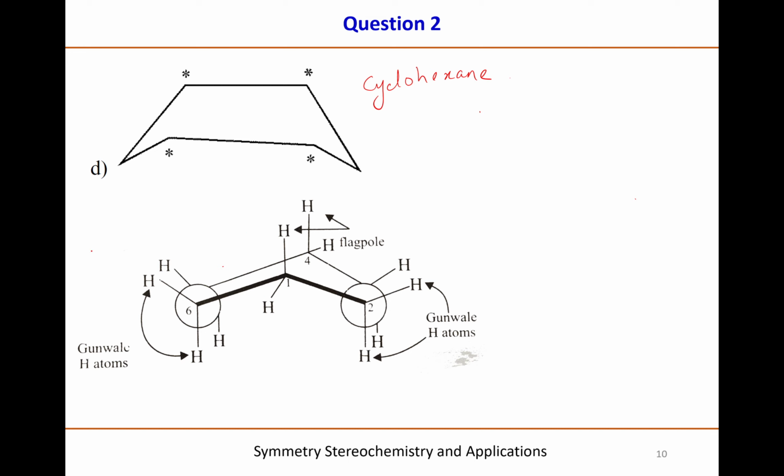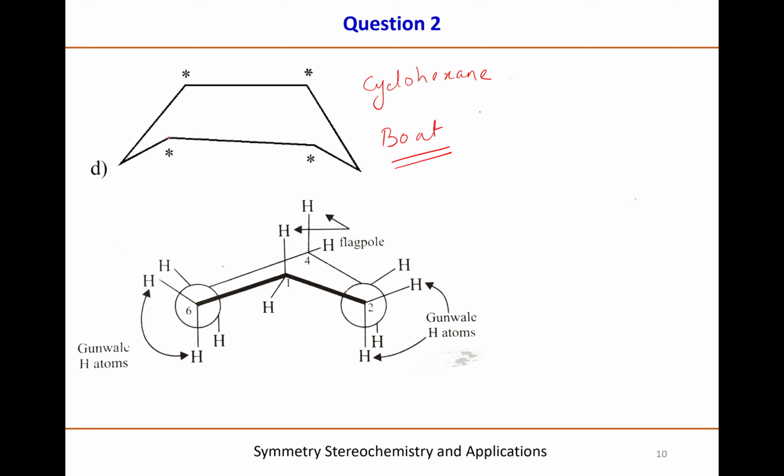Here you can see that, as I told you, flagpole interactions are there, right, in between these two carbons. So this is a gauche interaction. This is a chair conformation. Sorry, again, boat. Okay, it's a boat conformation, and we are here drawing a Newman projection.